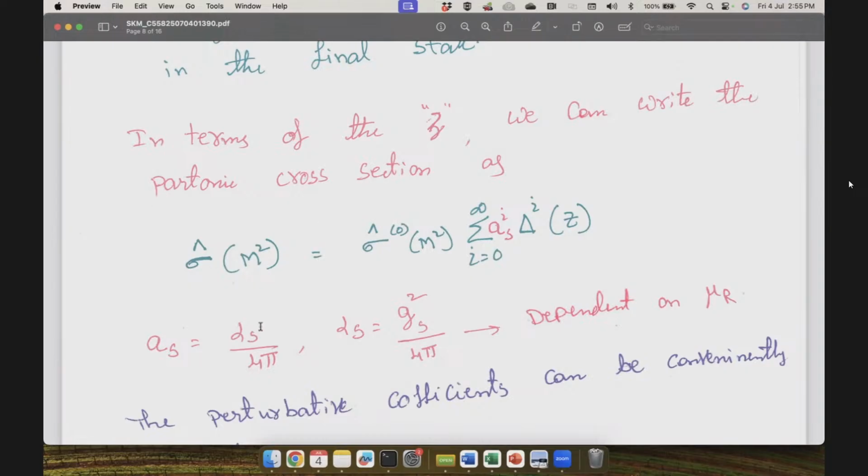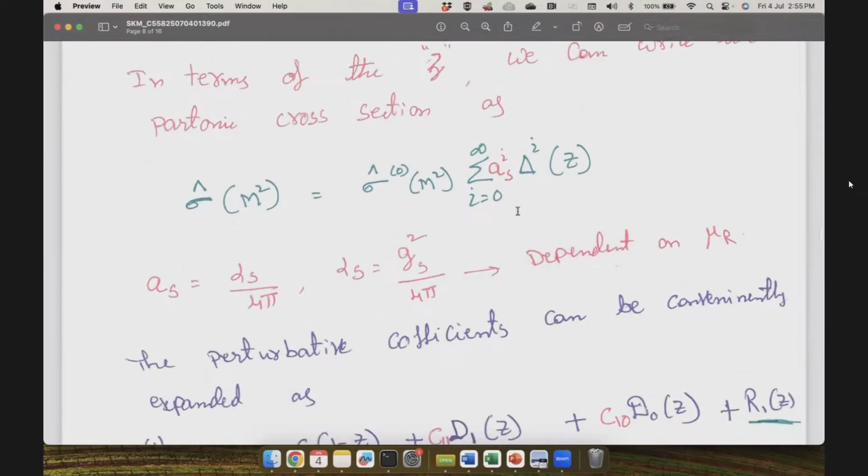This parton level cross section can be written in terms of sigma naught, which is the leading order process, times all the higher order terms, in this series expansion form.